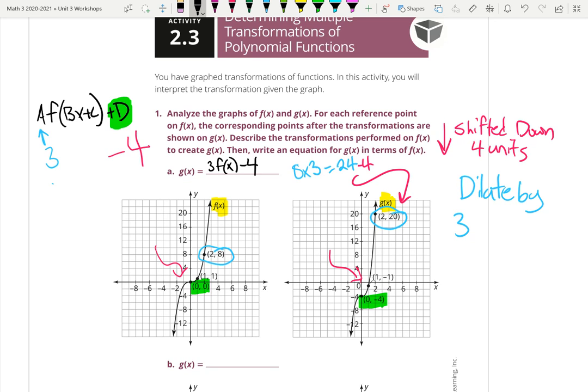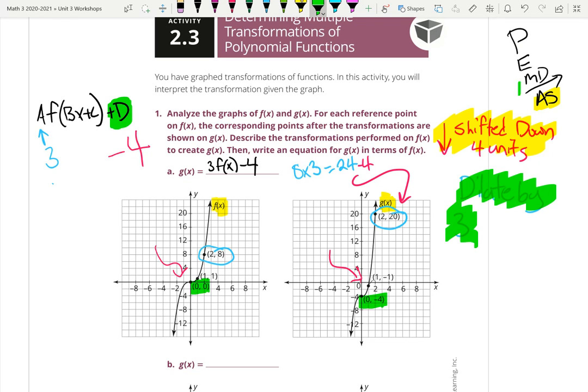I'm going to dilate it and then shift it down 4. Key note: when you're applying transformations, remember you do have to follow order of operations. The shift down 4 units is going to be addition and subtraction. The dilate is going to be multiplication and division. Let's go ahead and look at the next one.